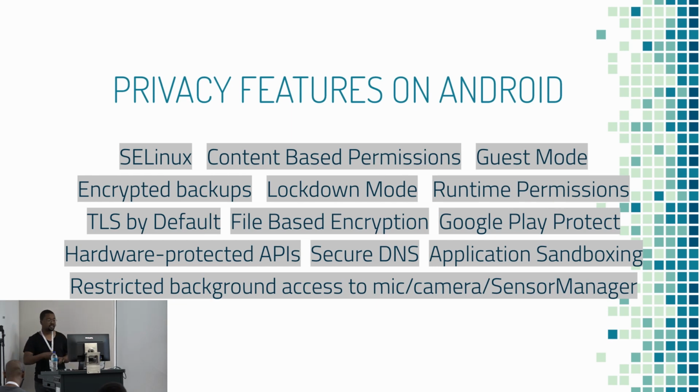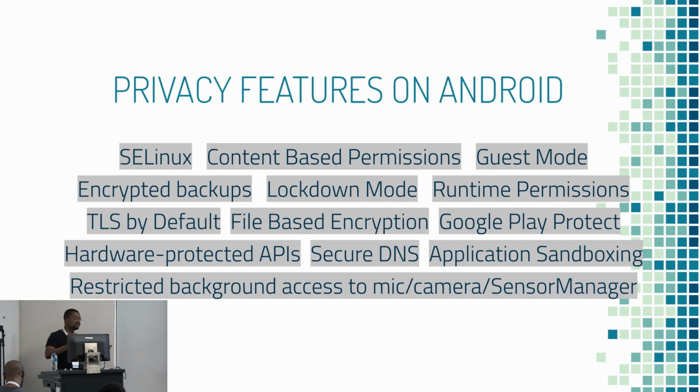Over the years, there's been SE Linux, content-based permissions, guest mode, encrypted backups, lockdown mode, runtime permissions, TLS by default, file-based encryption, Google Play Protect, hardware-protected APIs, secure DNS, application sandboxing, restricted background access to the microphone, or to the camera, or to the sensor manager. Then they went one step further.